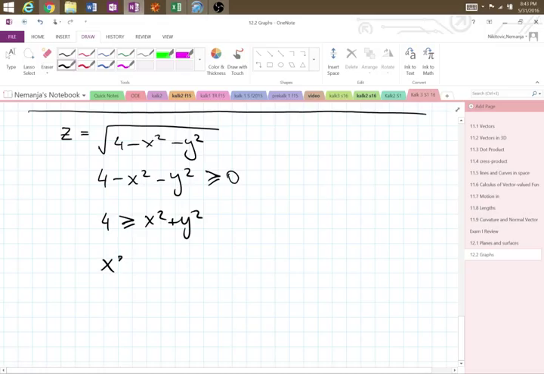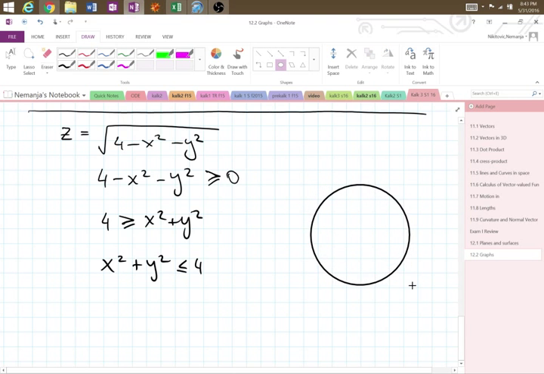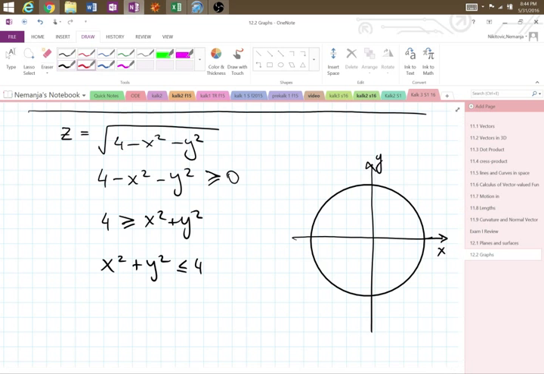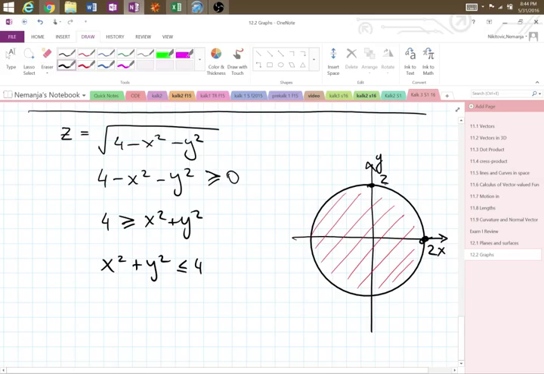And then if we write it like this, with my awesome drawing skills, we have the domain to be everything inside, including the circumference, which is why it is not dashed.